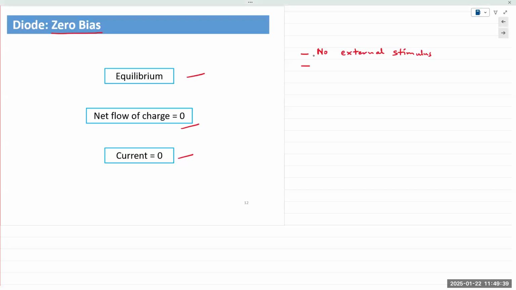Okay. So at equilibrium, carrier generation rate is equal to recombination rate. And that's at thermal equilibrium. And then hence net flow of charge is equal to 0. We are not applying any external stimulus. It's the built-in potential.